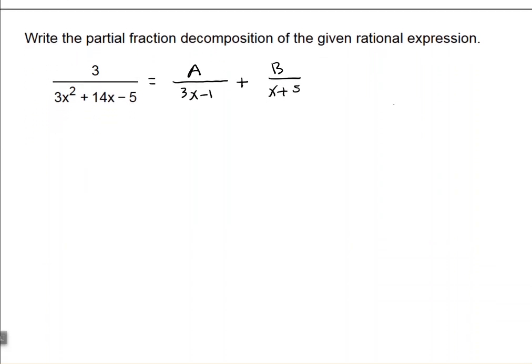Okay, so I have A over x, or 3x minus 1, equals or plus B over x plus 5. Okay, so I have my equation set up. I need to multiply both sides by the 3x minus 1 times the x plus 5.